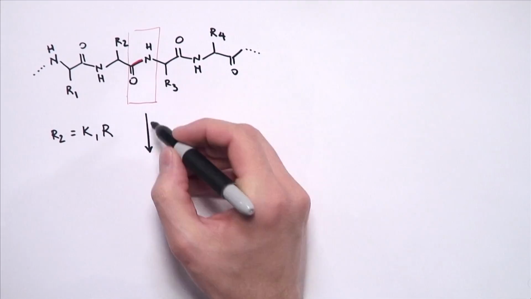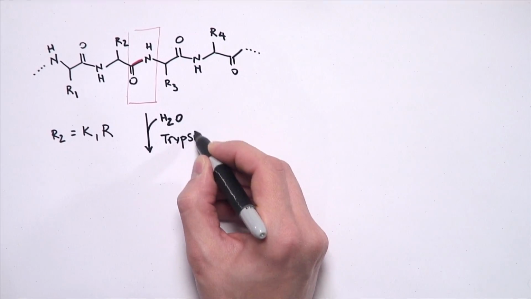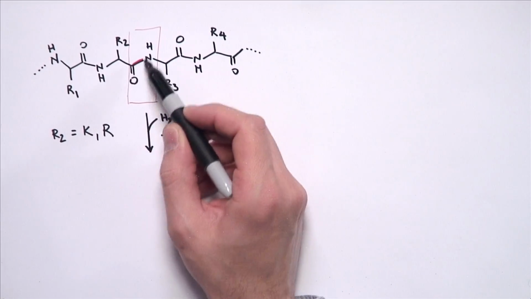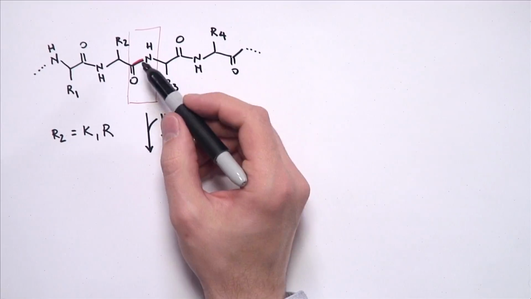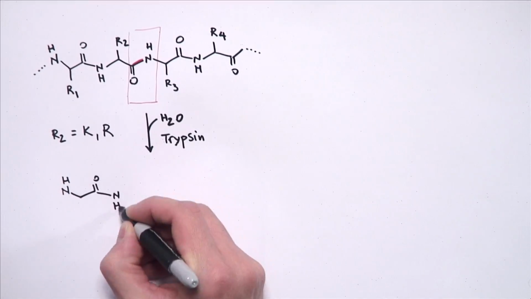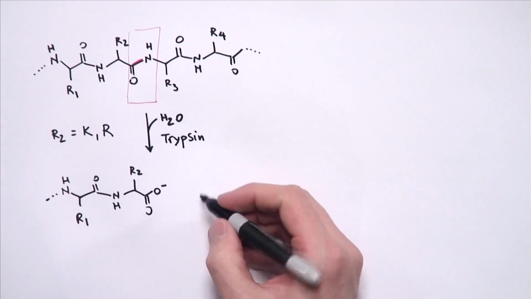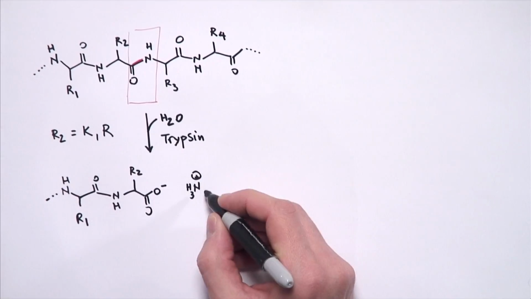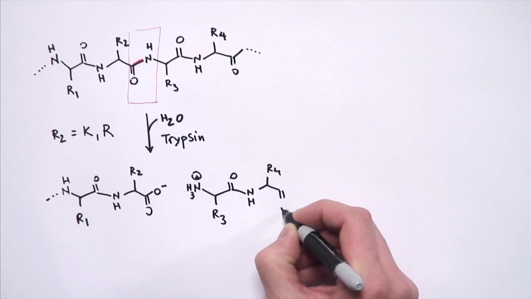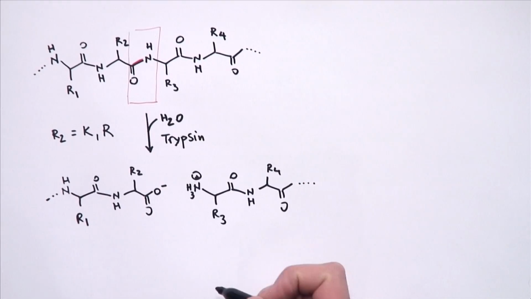It's going to use a water molecule, and I'm going to put here trypsin. It's going to hydrolyze, forming a carboxyl end and an amine end of this peptide bond. This is a carboxyl end, and this is the amine end of that original peptide bond.